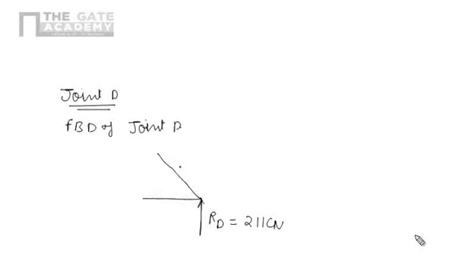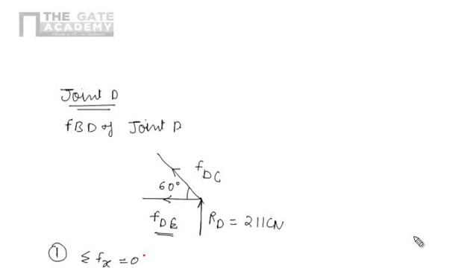So we can show the forces in members according to our assumption, that is tensile. So that is FDC, and this one is FDE, and this angle is 60 degrees. Now we are interested only in the value of FDE because CD is known to us. So only one equation is required for finding one unknown.